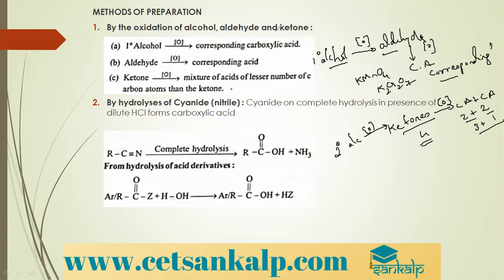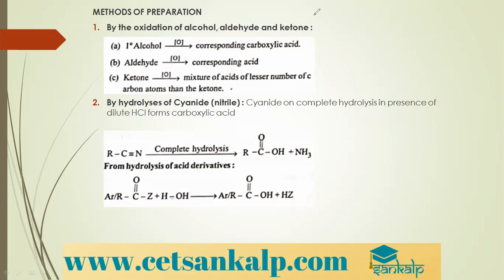Fine. So oxidation of primary alcohols gives aldehydes, which on further oxidation give carboxylic acids. Oxidation of secondary alcohols gives ketones, which on further oxidation give mixtures of carboxylic acids. Okay, then by hydrolysis of cyanides, when cyanides undergo hydrolysis in the presence of acid, so you can say acidic hydrolysis, you will get carboxylic acids.